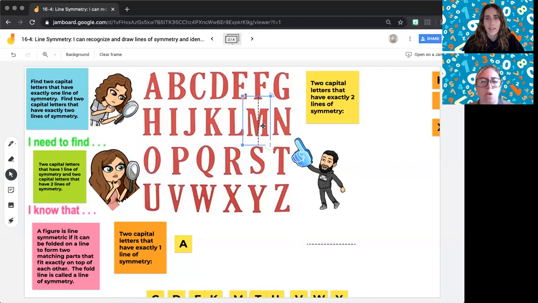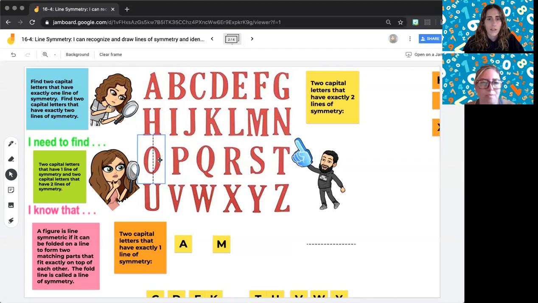Definitely. If I were to fold the right side on top of the left, it would be the same. Not N. How about O? Yeah, I think it would be. And I think it might have more than one line of symmetry, so let's keep that one in the back of our mind too.